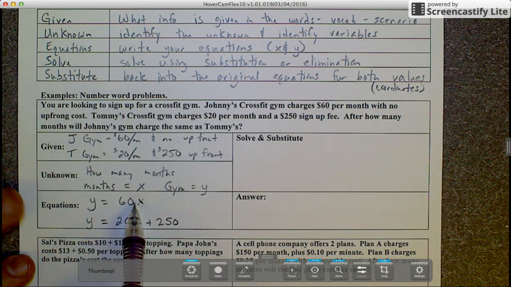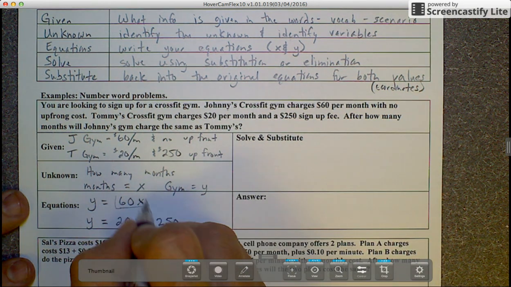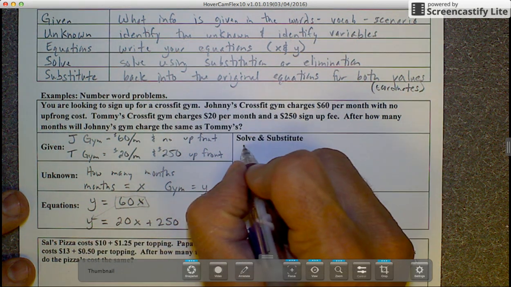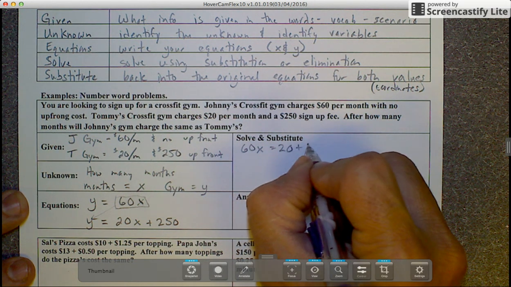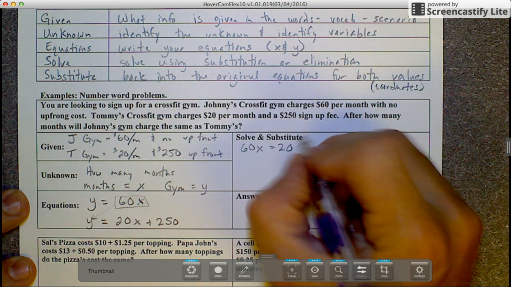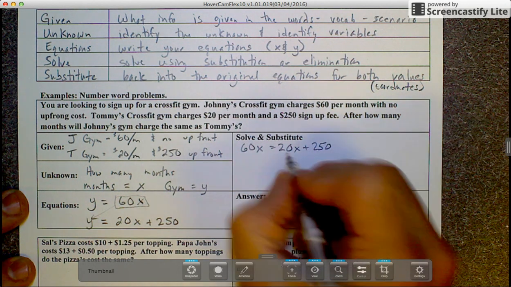Since it's Y equals and Y equals, we can substitute these. So when we substitute, we're going to take our 60x, we're going to put it there. So we're going to go 60x is equal to 20x plus 250. And we're going to solve.